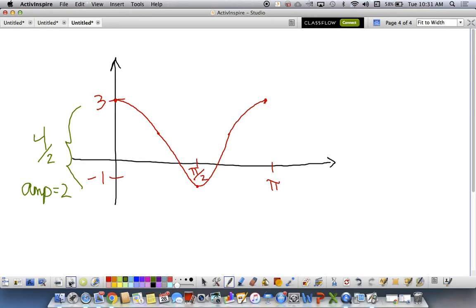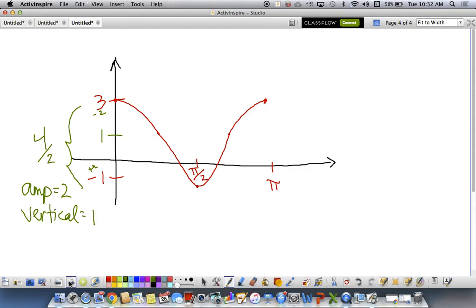It's where you drew the 2 dots. You need to find the middle. You can take your amplitude and subtract. 3 minus 2 is what? 1. Negative 1 plus our amplitude, does that give us 1? Yes. We just used the same thing to find our vertical shift and our amplitude.